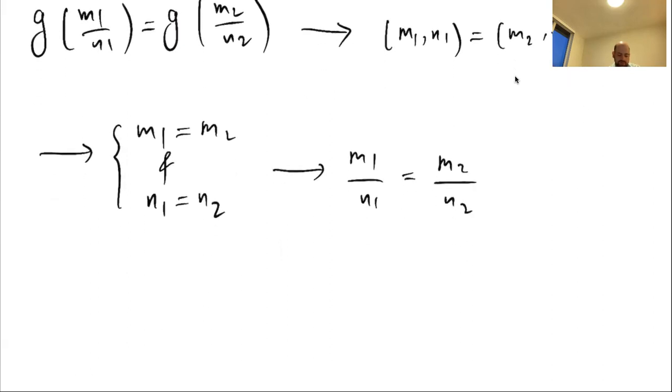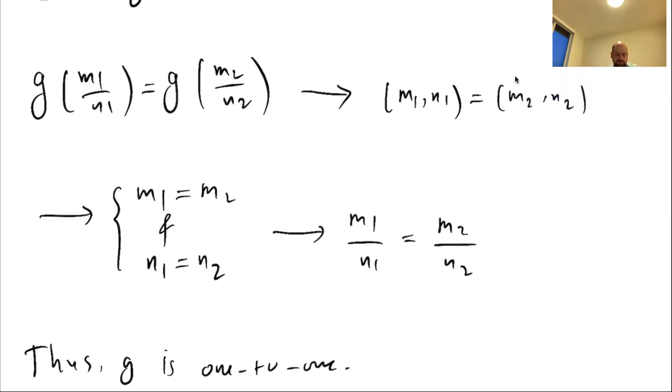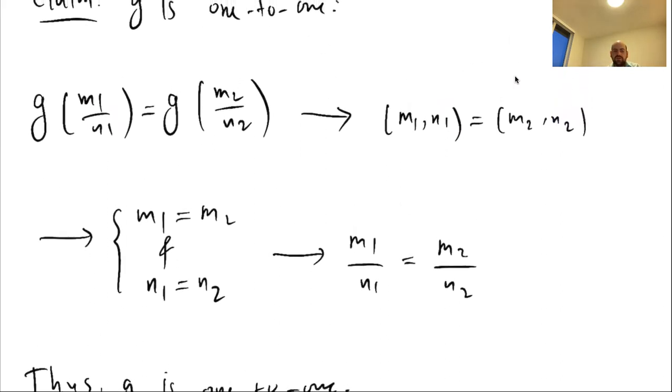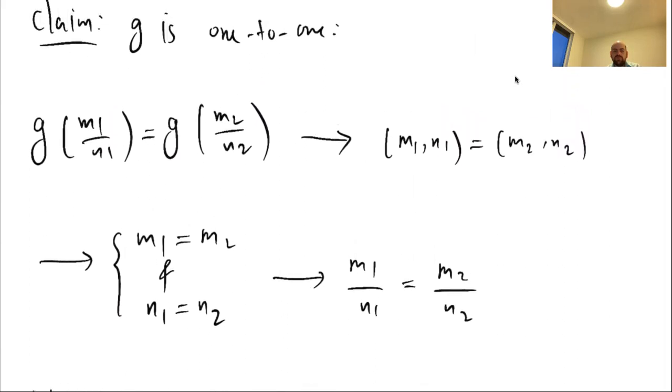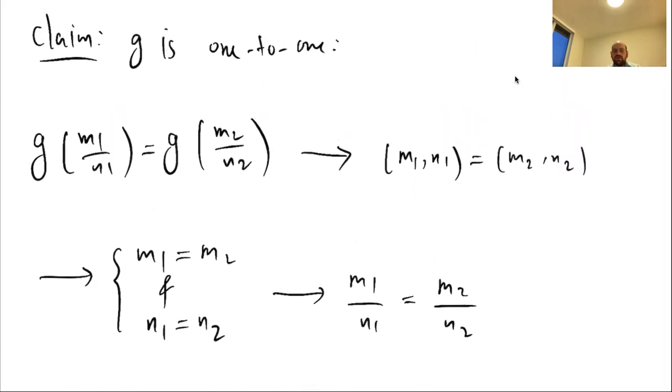Well, that means g is 1 to 1, right? I started with g of one input equals g of another input, and I showed that the first input must be equal to the second input. Like g of a equals g of b implies a equals b. That means the function is 1 to 1.